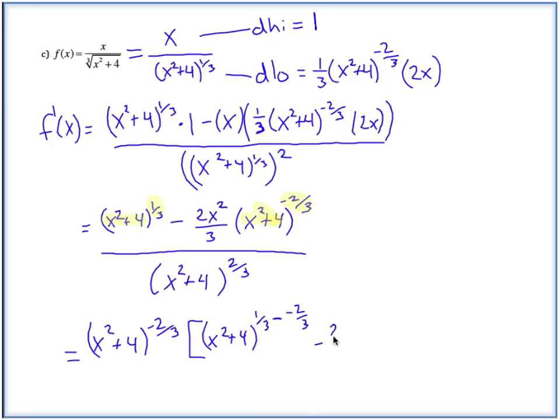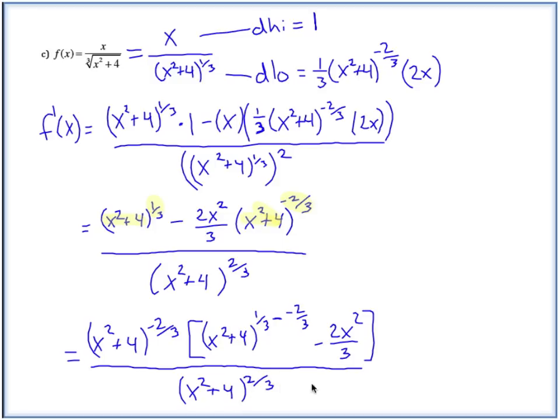So minus 2x squared over 3. And of course, this is all over low squared still.